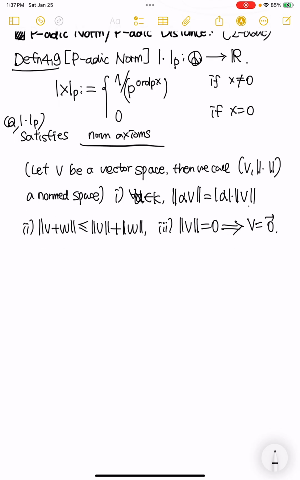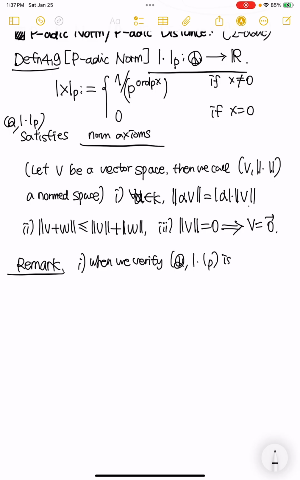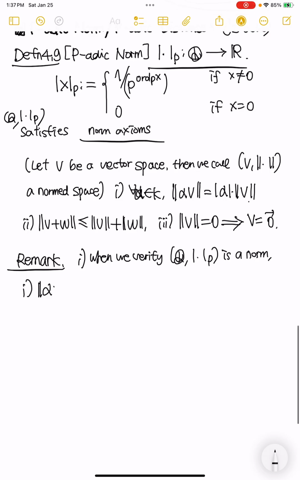When we check that this is a norm, I will mention some remarkable points. First, when we verify the first condition, because alpha is a scalar, that is an absolute value.